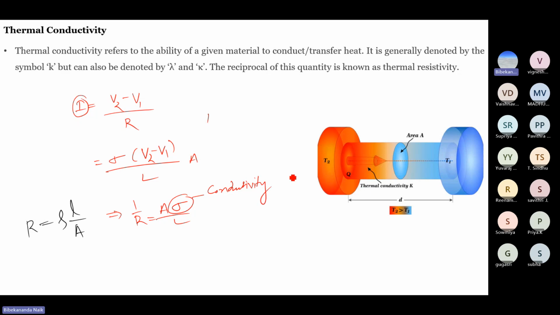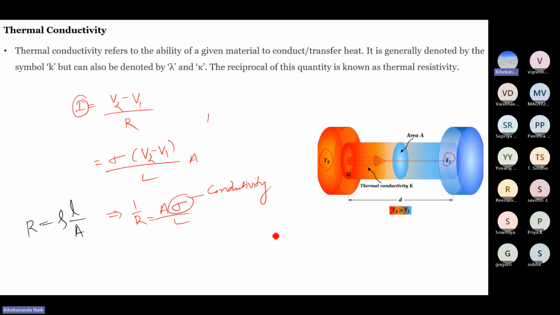When we compare it to the transfer of heat, suppose T2 is the temperature of a hot body and T1 is the temperature of a cold body. Due to this temperature gradient, heat flows between this region. Suppose this is the cross-sectional area A through which heat flows.